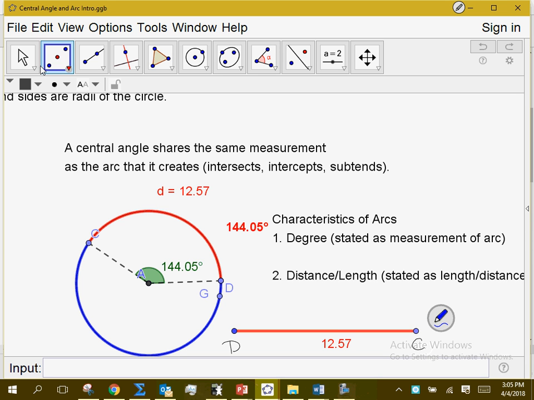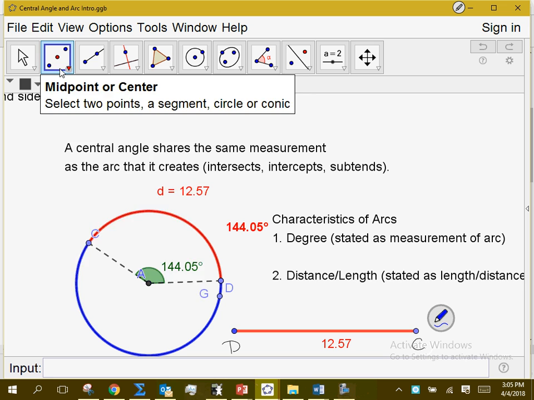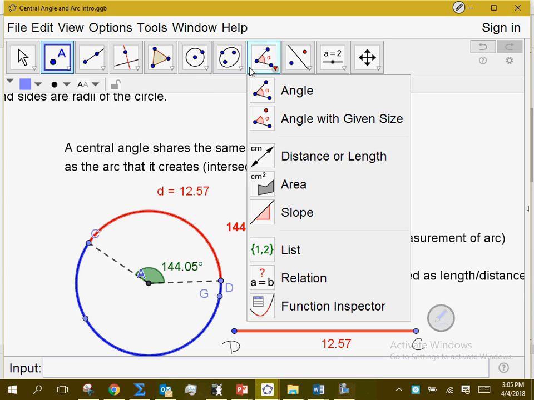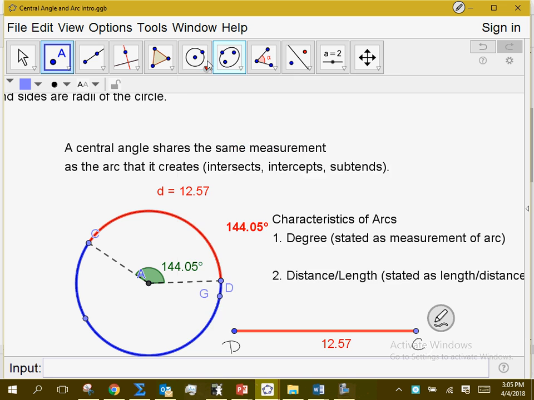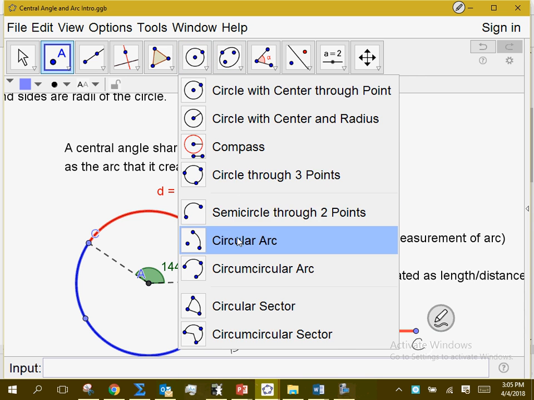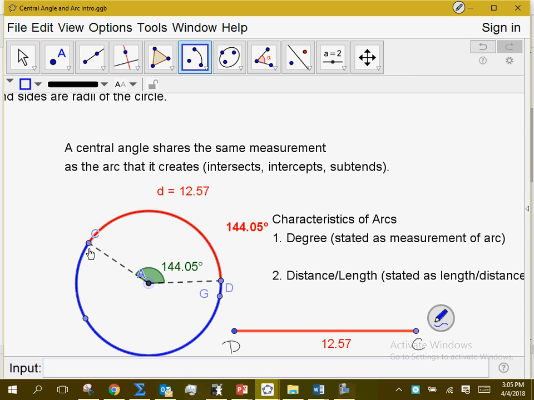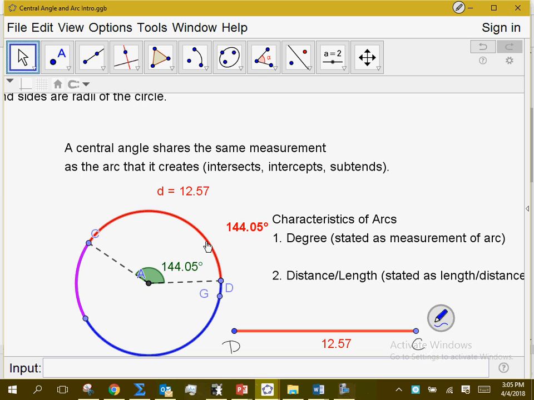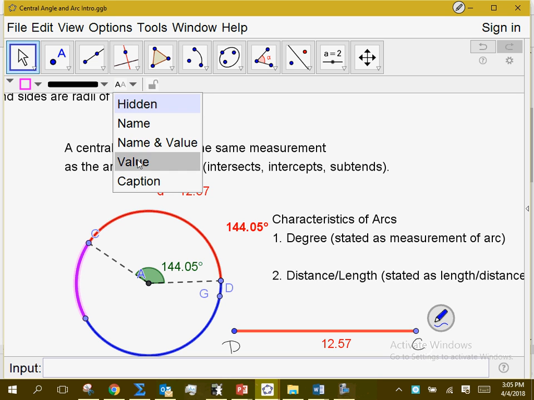If I had another arc up there, maybe, let's see here. Okay, so that purple arc, okay? Could I take that red arc's distance and that purple arc's distance?